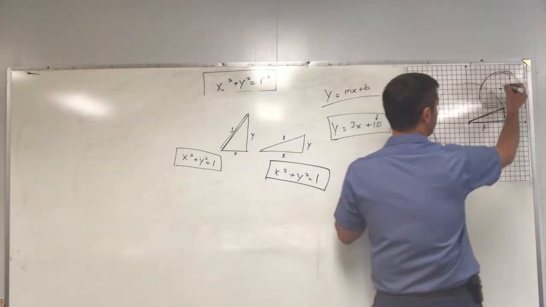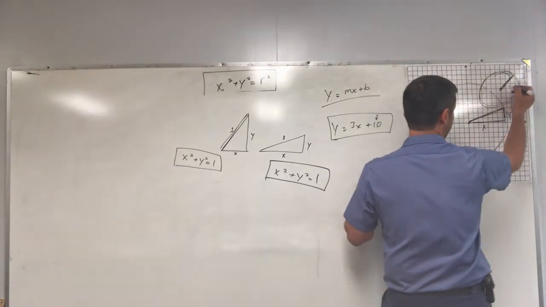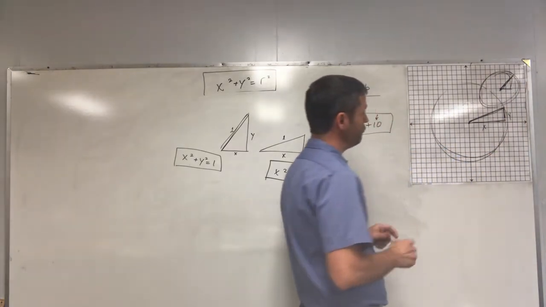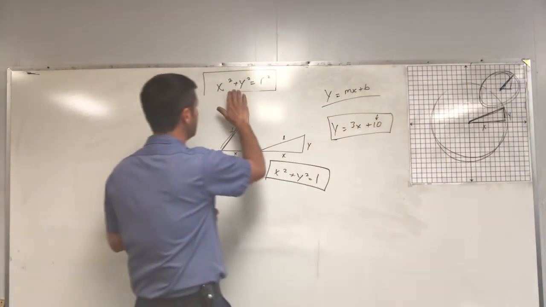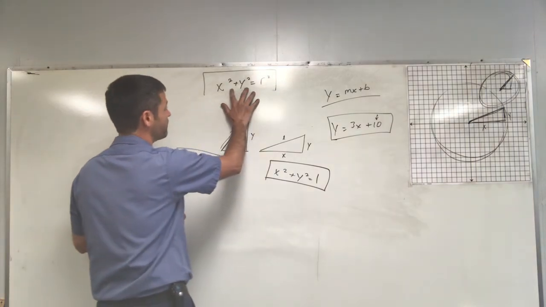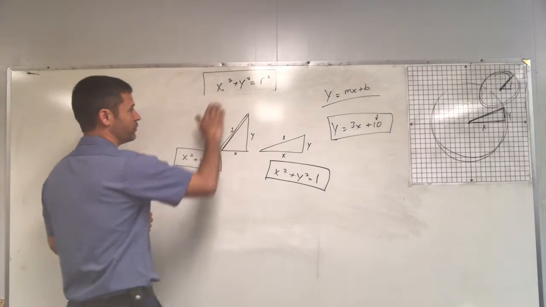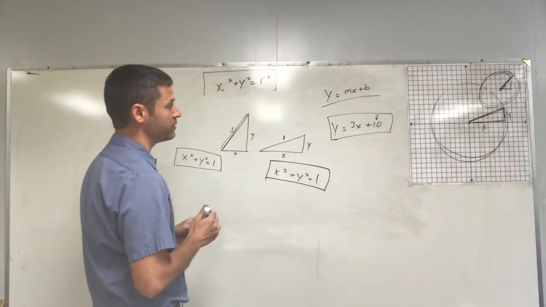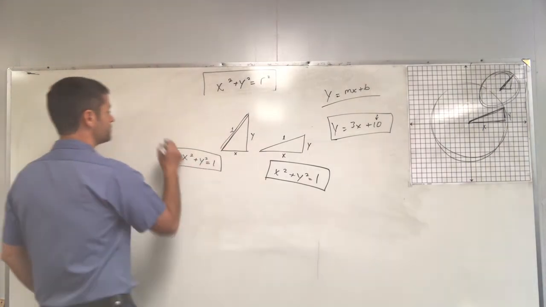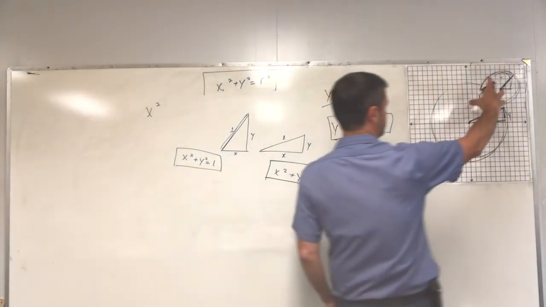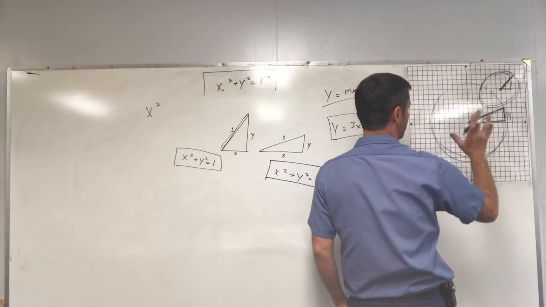Well, we still know that this distance, the radius, is still going to be related to x squared and y squared, but we have to account for that movement. The way I like to think of it is we take this equation and we pretend we're backing out the movement. We're subtracting the movement. So let's pretend I'm going to move this circle back to 0. That's how I'm going to think about it.